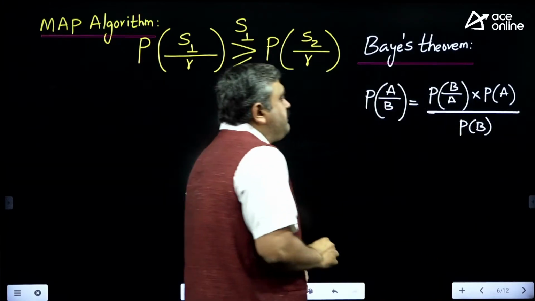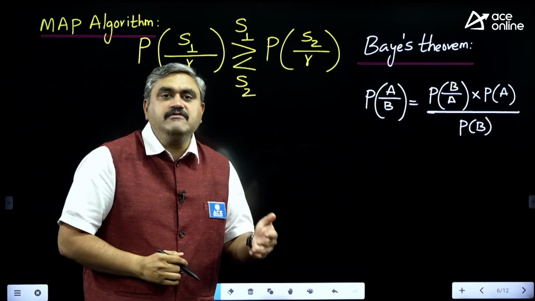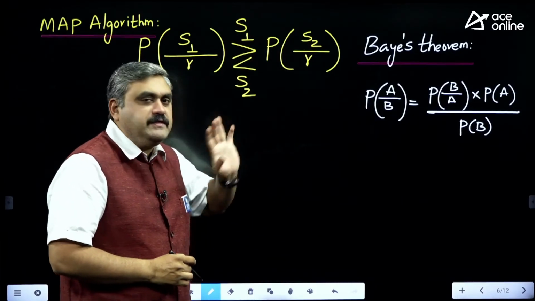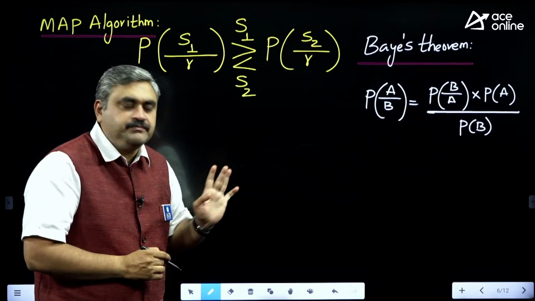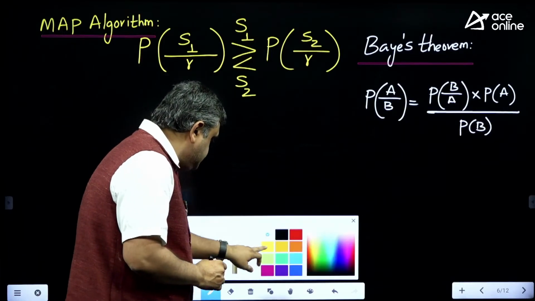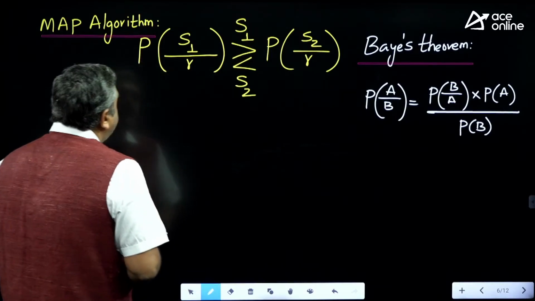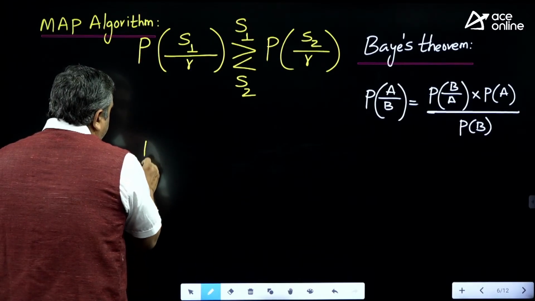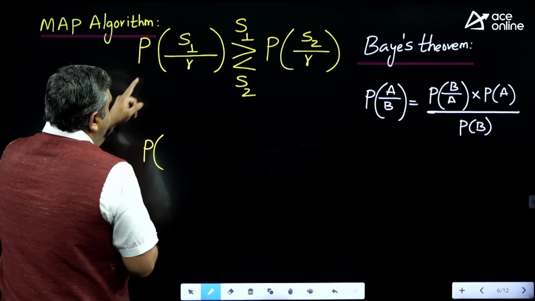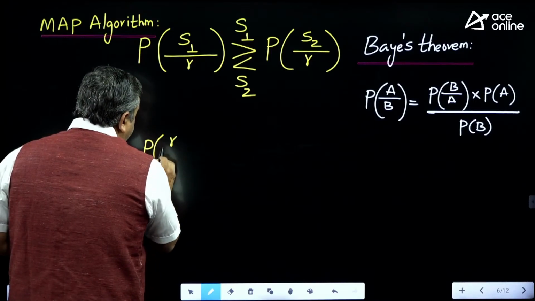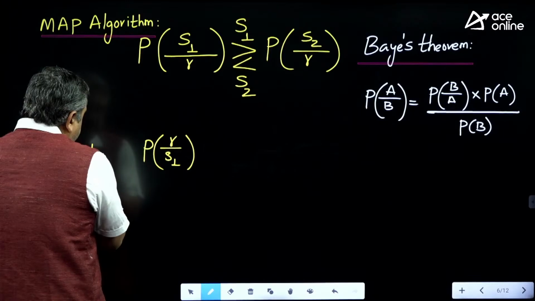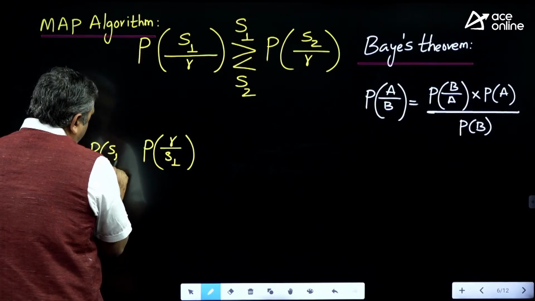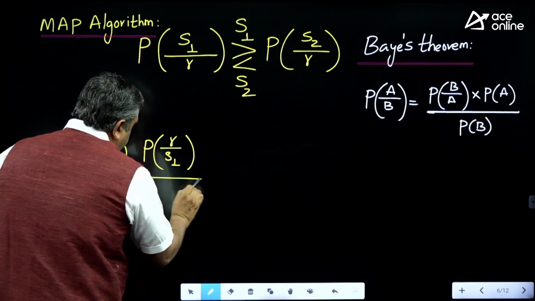This is the meaning of Bayes theorem. Whenever you have conditional events, you can apply this logic. Now, I am applying the same logic on this. So what you can do here is, I can write this as probability of S1 given R. I can write R given S1. You have to multiply it with P of S1 and then divide it with P of R.